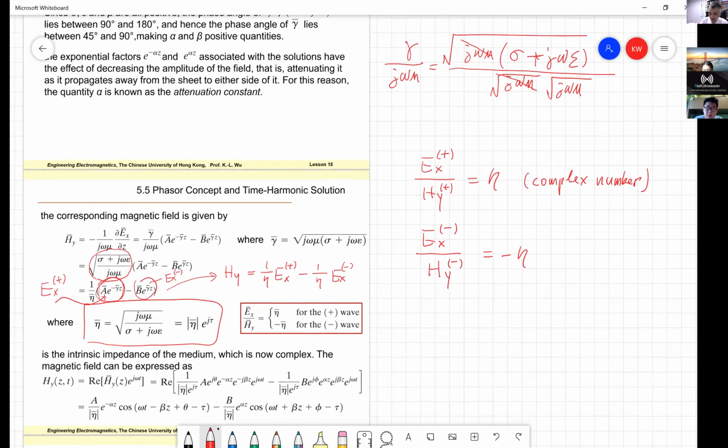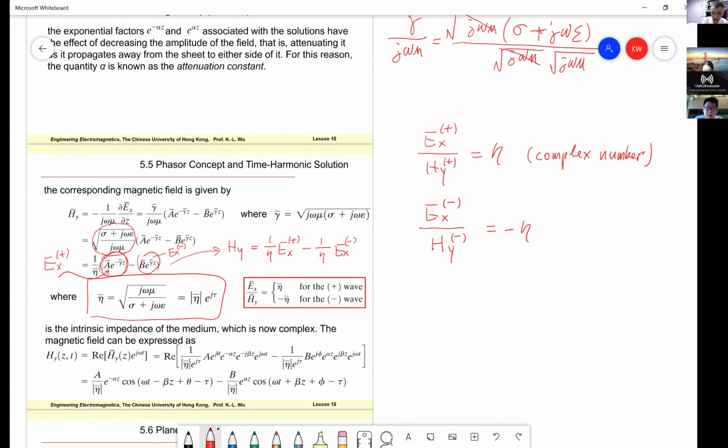So now, this is a complex number. Right now, for eta, I omit the hat, because this quantity is a phasor anyway. There's nothing real here; it is a complex number.